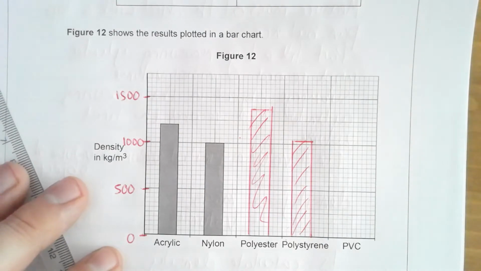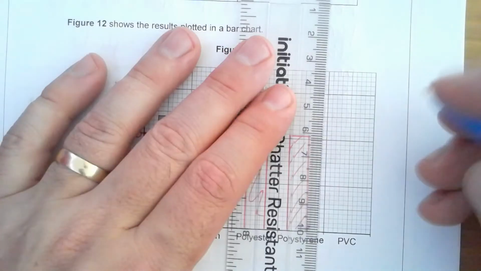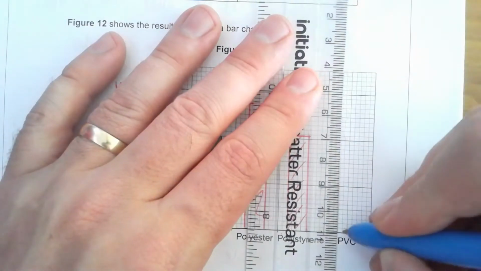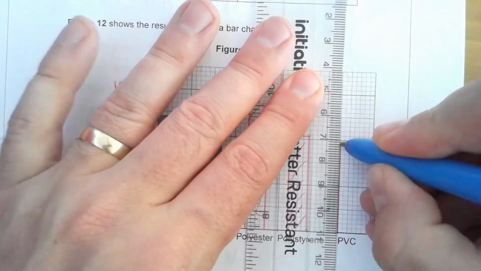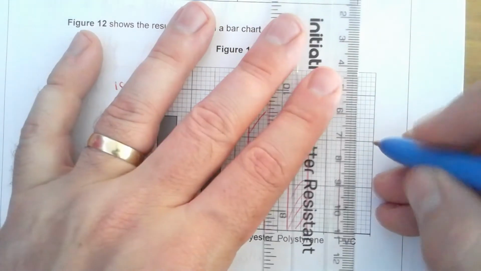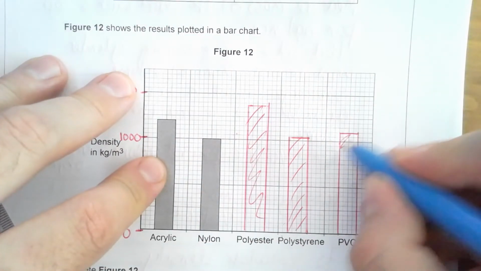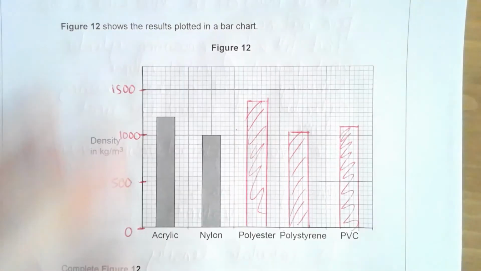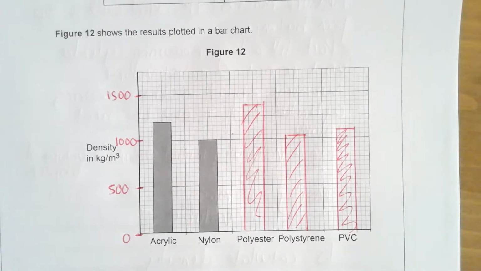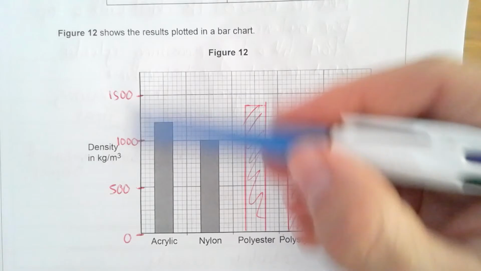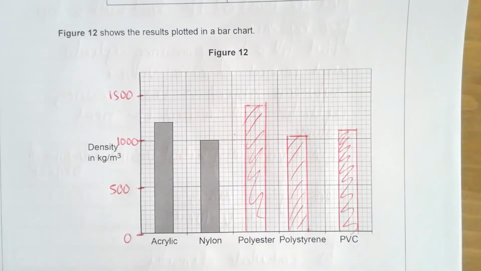Something like that, and the last one, 1100, that's a little bit easier. So to 1000 and then up 2 squares. So it should look something like that. And again, your marking points will be for getting the right scale and for getting the bars to the right heights to within 1mm.